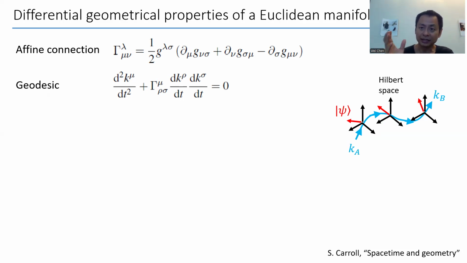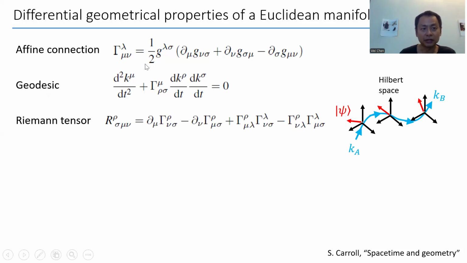So the geodesic is essentially the trajectory along which this rotation in the Hilbert space is the least. Yeah. So this gives you a very nice interpretation of this geodesic in terms of the overlap, because you're trying to minimize the overlap between every neighboring quantum state.